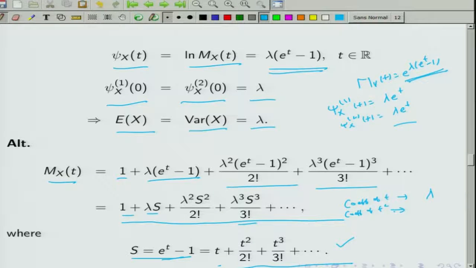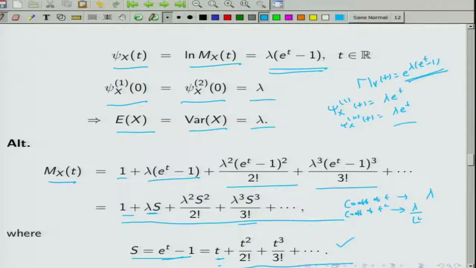T square will not come from s cube onward, because for s cube the minimum power would be t cube. So it will come only from lambda s or lambda square s square by 2. So let us see what it comes from lambda s. From lambda s, it comes to be lambda by factorial 2.